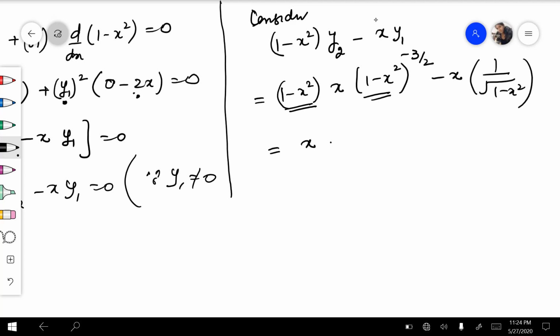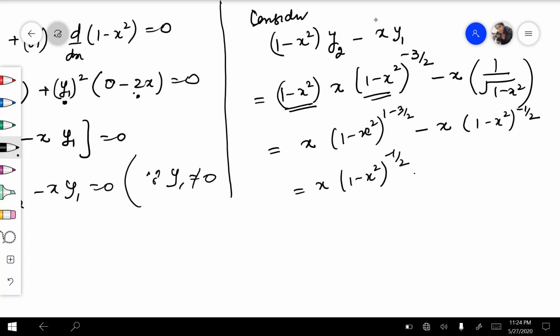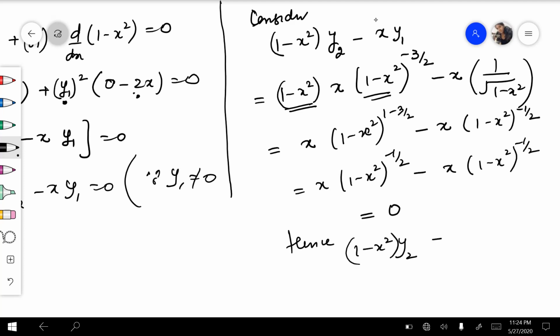It is x into (1 minus x square) raised to power 1 minus 3 by 2 minus x. I can take this term into the numerator, (1 minus x square) raised to power minus 1 by 2, which equals x into (1 minus x square) raised to power minus 1 by 2 minus x into (1 minus x square) raised to power minus 1 by 2. Since the terms are equal, their difference is equal to 0. Hence what we get: 1 minus x square into y2 minus x into y1 equals to 0. This is another way to solve the same problem.